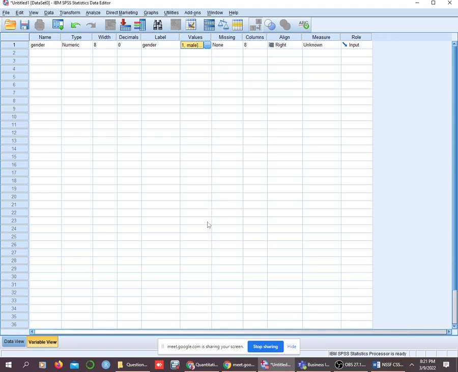We're just saying if you want to identify a male, if you see 1, then you're good to go, and if you want to see a female, then it is represented with the value of 2. I hope that is clear. The missing, I will leave like that, not anticipating missing. Column, again, I'll leave at 8. Alignment will be right by default. And the measurement, I will say nominal.